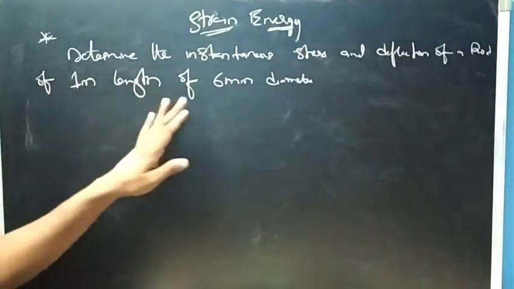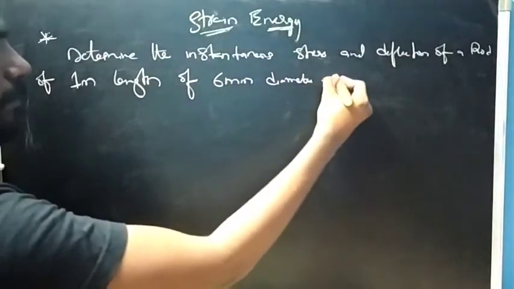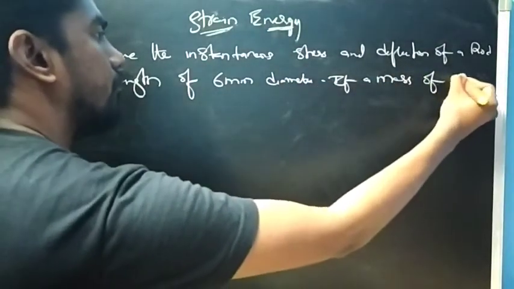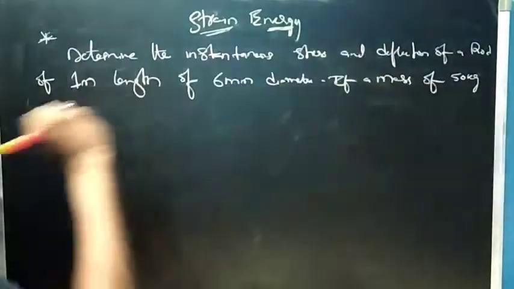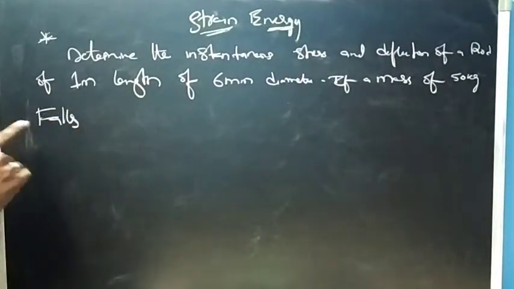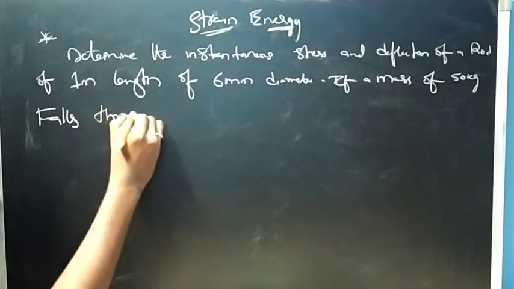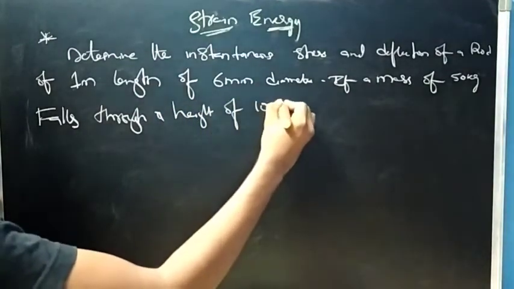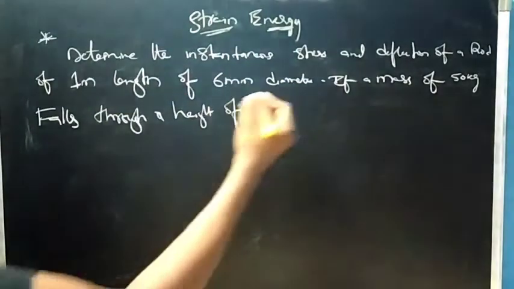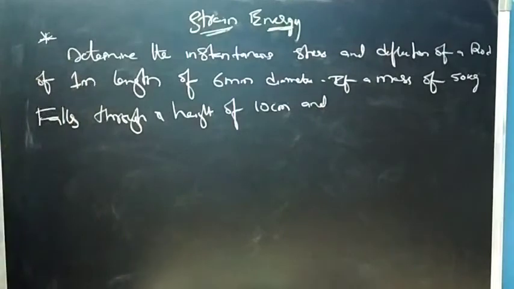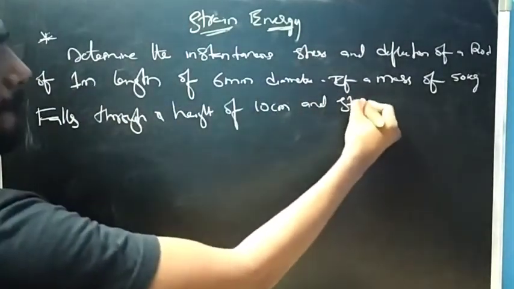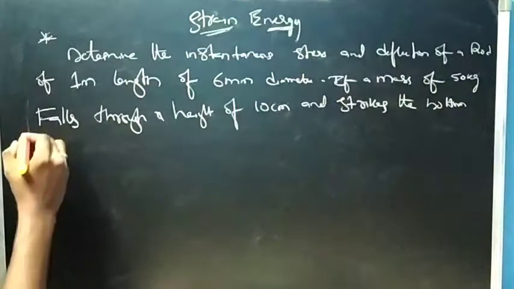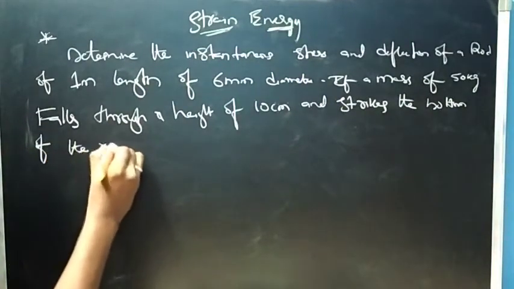is 1 meter. So now the interesting part, if a mass of 50 kg, if the mass of 50 kg falls, so remember this word fall, through a height of 10 centimeter, and strikes the bottom of the rod.